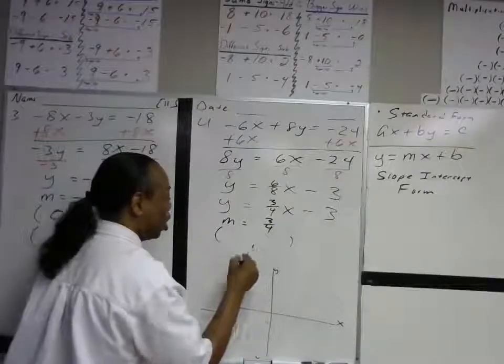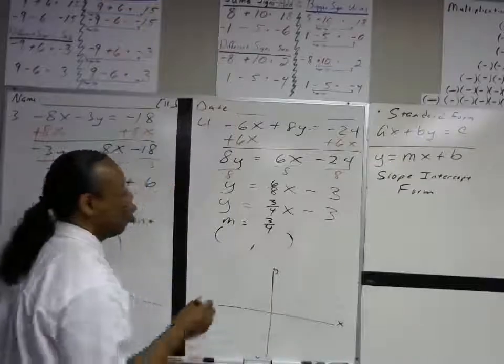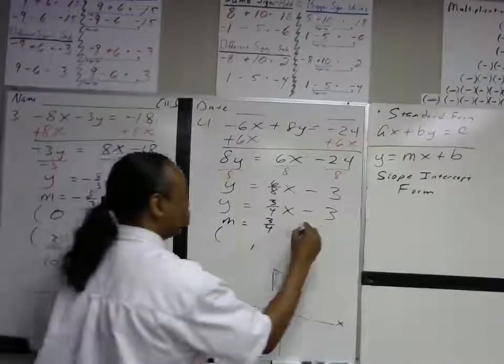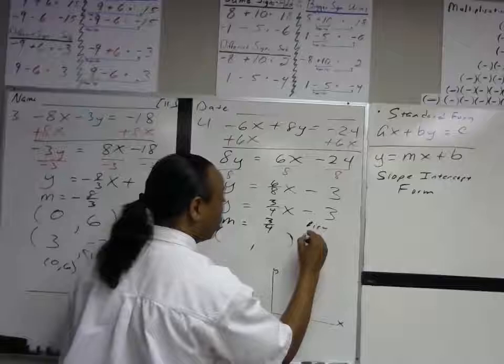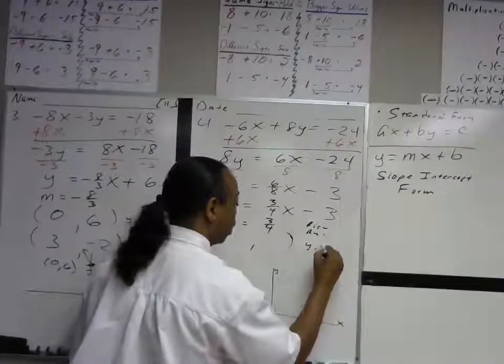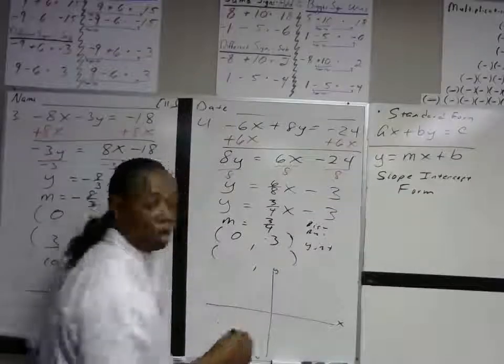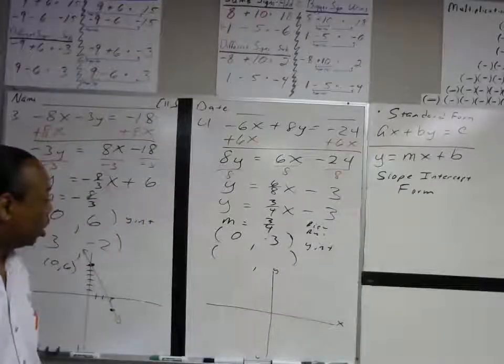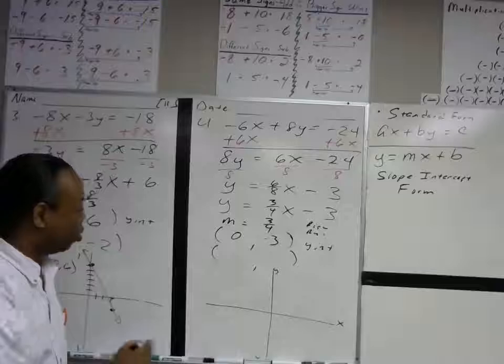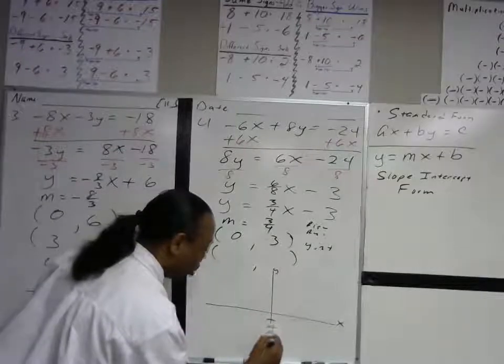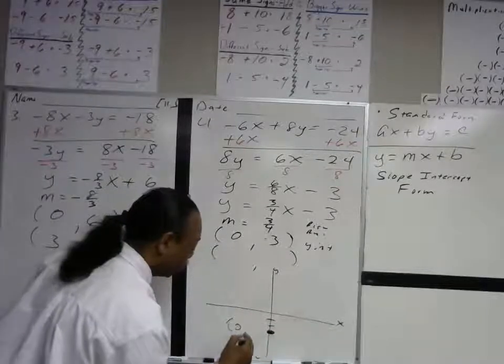Excellent. Next, Beckett, what is the y-intercept? Yes, very good. So the y-intercept is 0, -3. Okay. Who's next? Sims. Give me a second. 1, 2, 3. Okay, there's 0, -3.